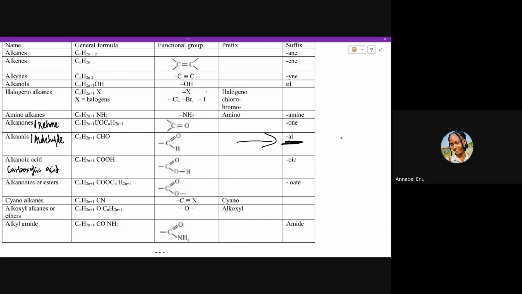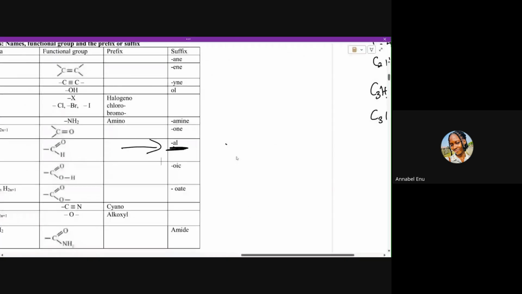So let's take, for instance, this. How do we name this?